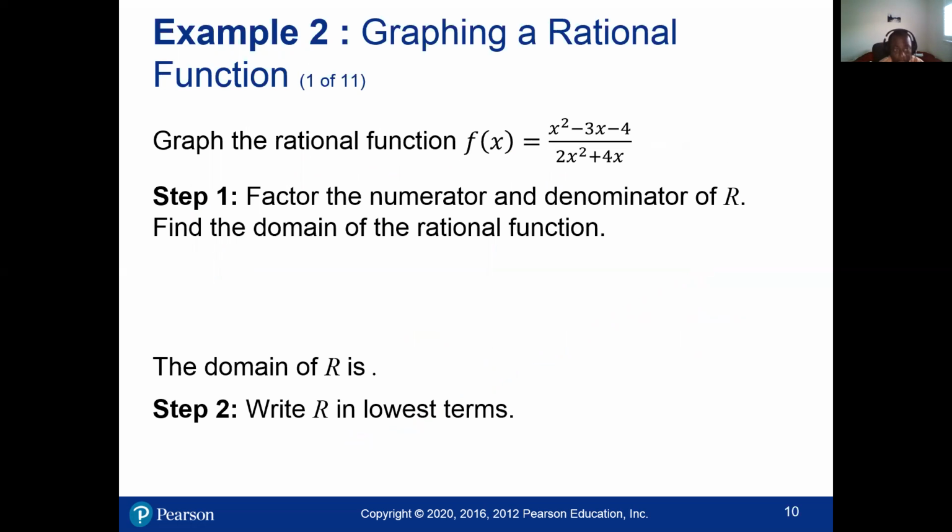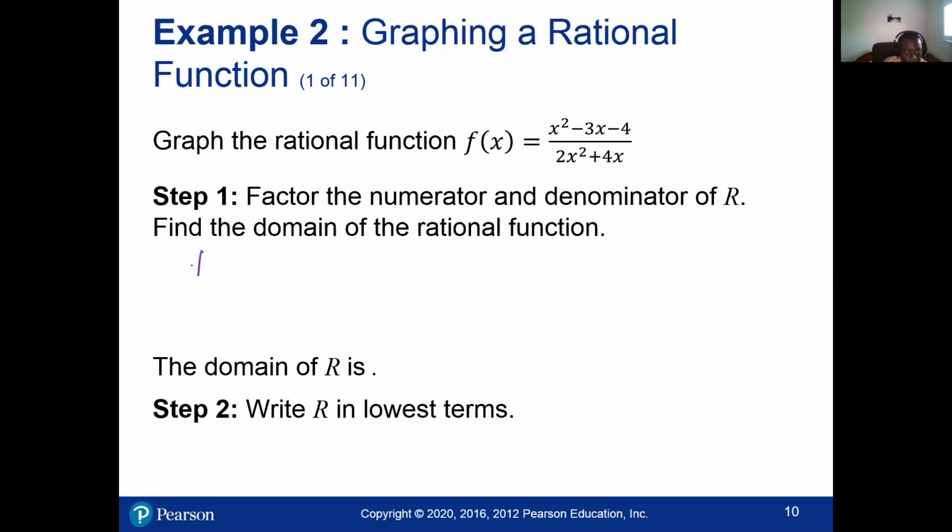We found the intercepts, the vertical asymptotes, the horizontal asymptotes, and where it crosses the horizontal asymptote, or if you had the oblique, where it crosses it. We have done this, but I'm going to repeat it so that we can put all information together and graph this function. So factor the numerator and denominator of the rational function, and then find the domain.